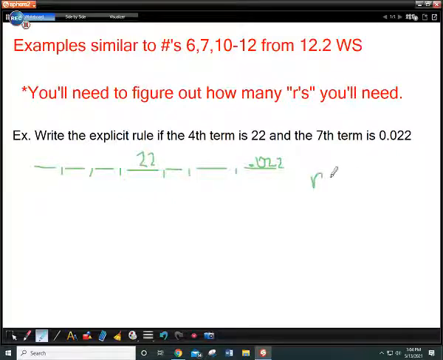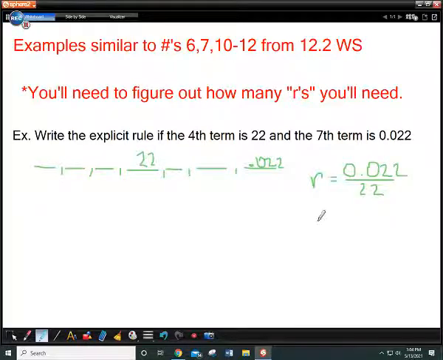So let's find our r. We're going to say r equals this term divided by its previous, so 0.022 divided by 22. Grab your calculators, 0.022 divided by 22.